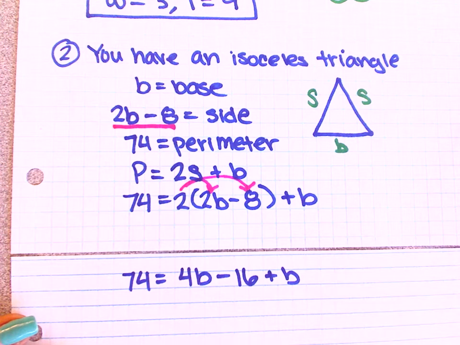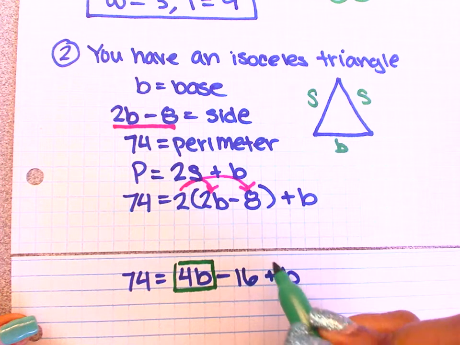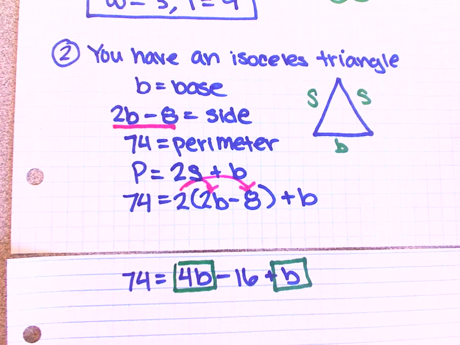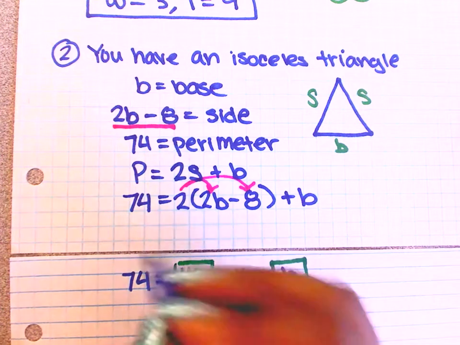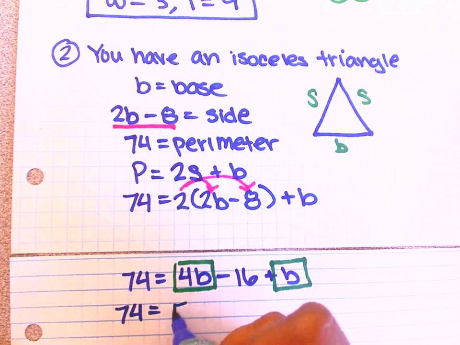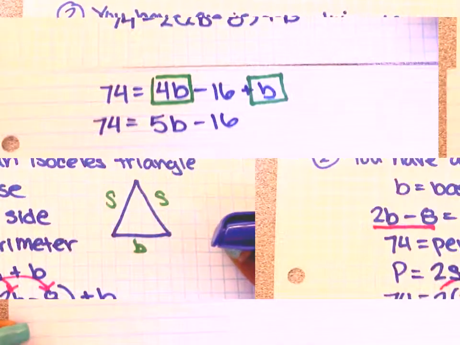Oh, I see like terms. I see a positive 4b and a positive b. Who's that invisible friend? 1. So 74 equals 4b plus 1b is 5b minus 16. Our invisible friend 1 will get us every time.